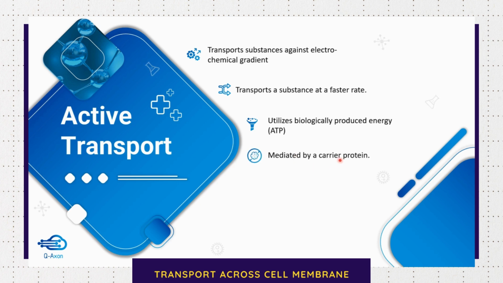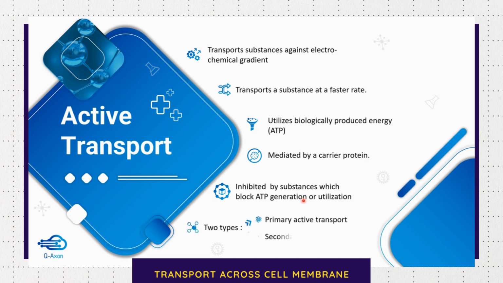It is mediated by a carrier protein, so it will follow saturation kinetics and competitive inhibition as well, and obviously it will be specific and inhibited by substances which block ATP generation or utilization, because it is using ATP, isn't it? So any substance which blocks ATP generation or utilization will block all active transport mechanisms. And hence it is of two types, primary active transport and secondary active transport.